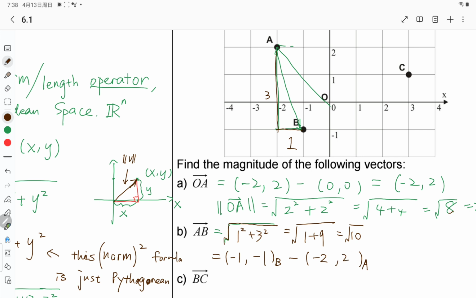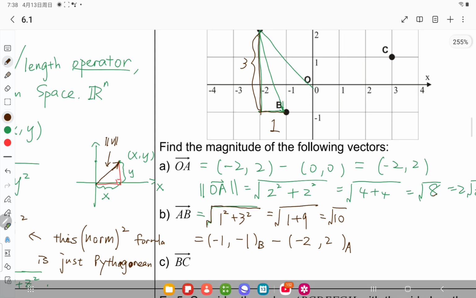Make sure that for AB, you use B, the ending point, minus the starting point. I point this out so you don't make a mistake here.